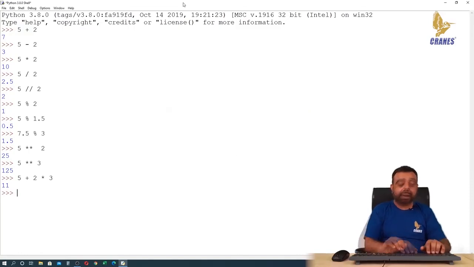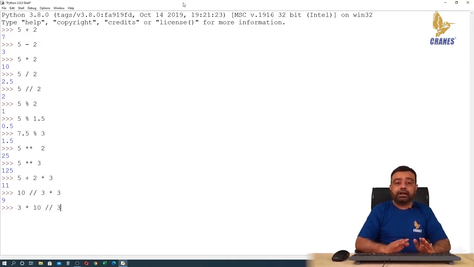For example, we perform 10 divided by 3 into 3. Both these operators, division and multiplication, have the same precedence, and if you move from left to right, division occurs before multiplication. So 10 divided by 3, which is integer division, gives 3, and 3 into 3 is 9. Now I'll try a small variation: 3 into 10 divided by 3.